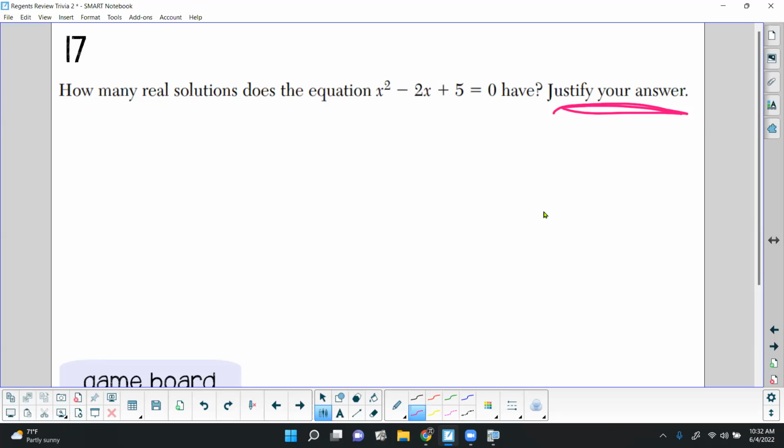Okay, I see some good responses. I did not chat back because I was trying to do something on my other computer here, but that's a good justification.